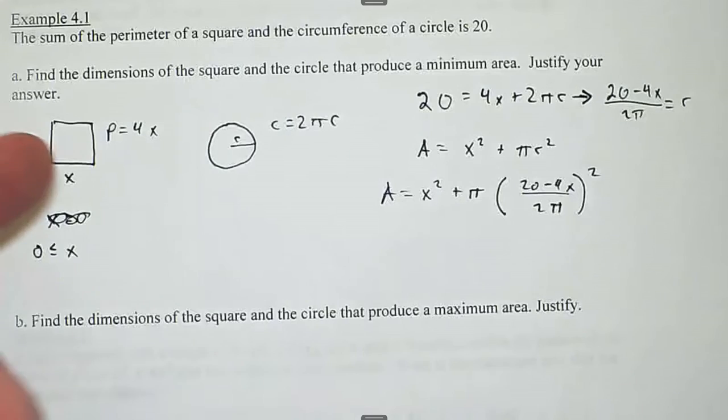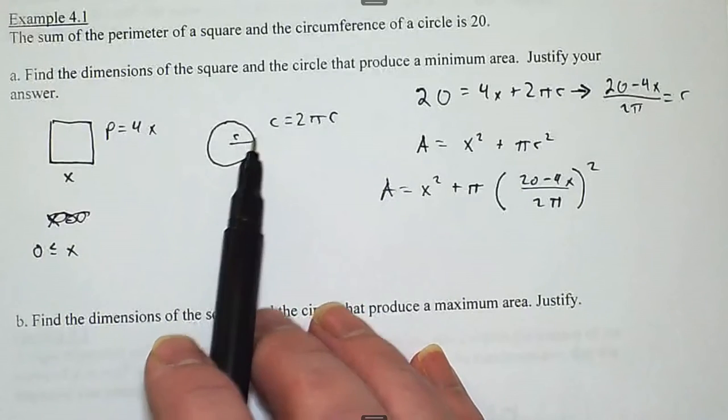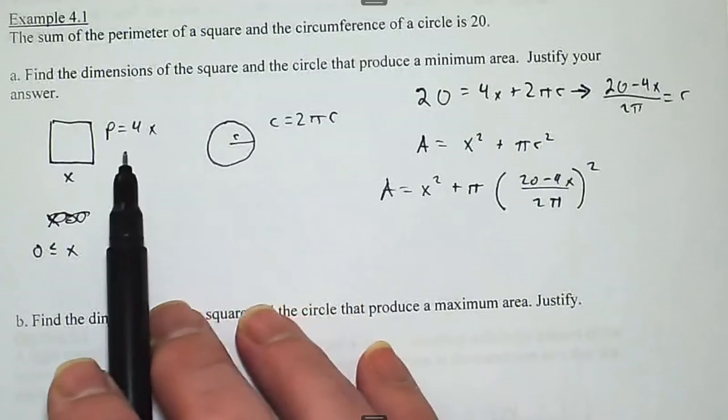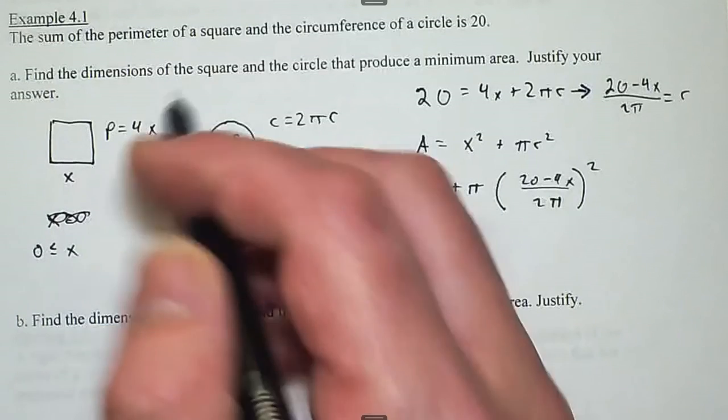So if we let the side length of the square be 0, then the entire 20 units are taken up by the circumference of the circle. If I let the radius be 0, so that there's no circle at all, then the entire 20 is composed of the square, and 20 divided by 4 is 5.